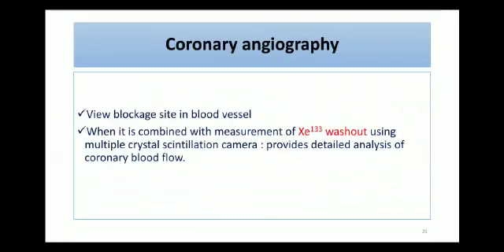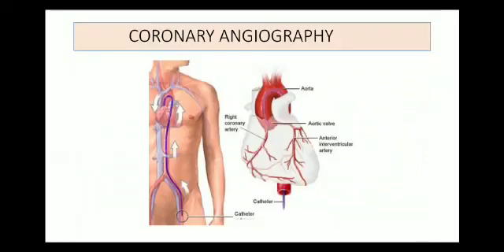Now the proper diagnostic procedure that is used nowadays is coronary angiography. Angio is a blood vessel, graphy is visualizing. So you want to see the blockage site in the blood vessel. You can combine either the thallium method that we used, or the xenon-133 washout, with coronary angiography. Both can be done.